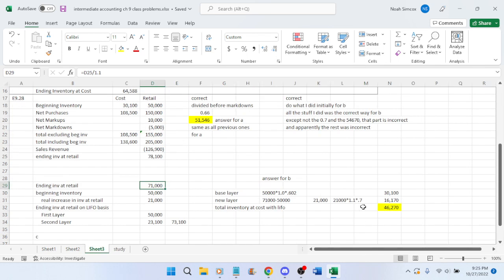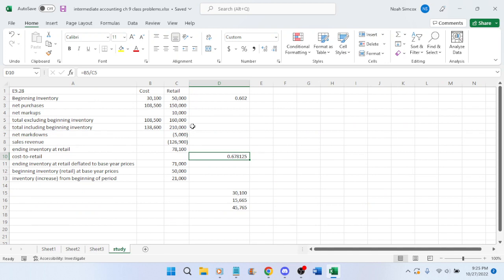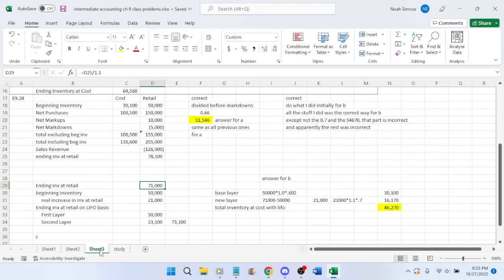Why did you use 0.7? Wait, why did I get 0.7 originally anyways? This divided by this is 0.7. 108,500, 155. Because I've got a different number here. How is this a different number? What? Oh, come on.